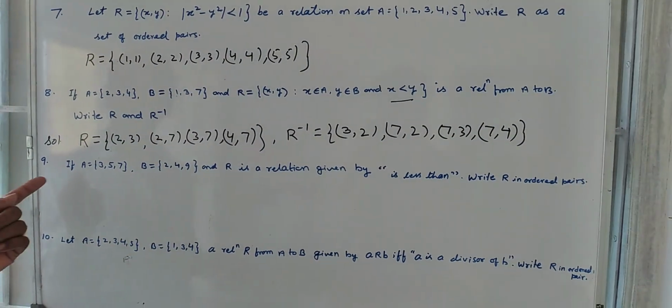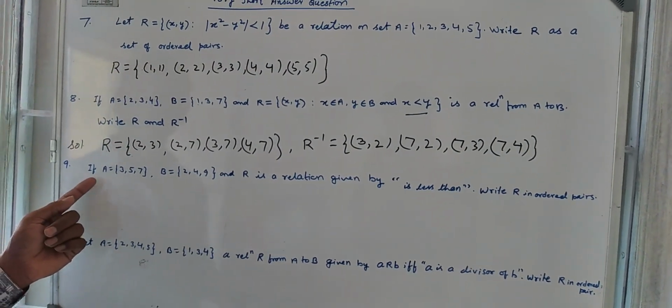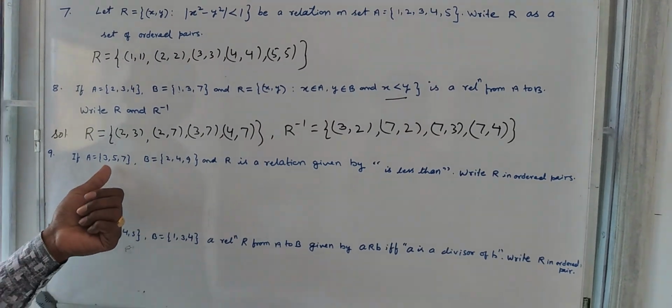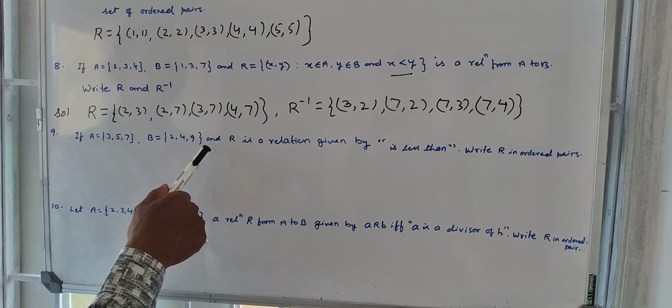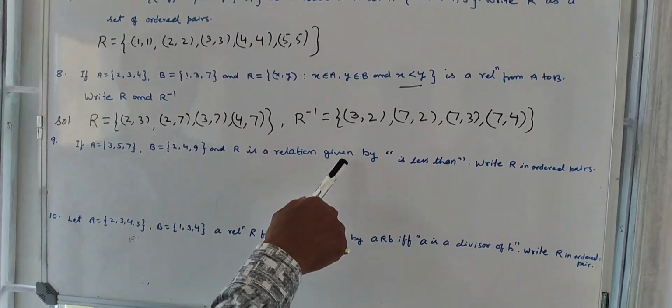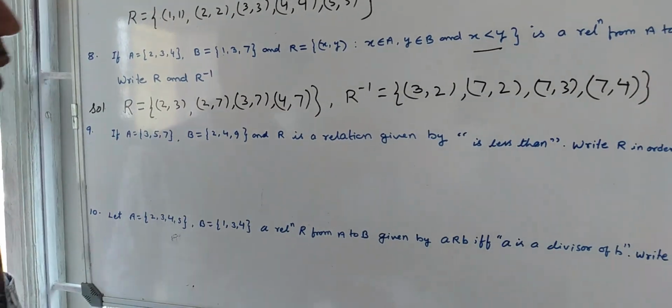Now come to question number 9. A is a set having elements 3, 5, 7, B has 2, 4, 9, and R is a relation given by 'is less than'. Write R in ordered pairs.